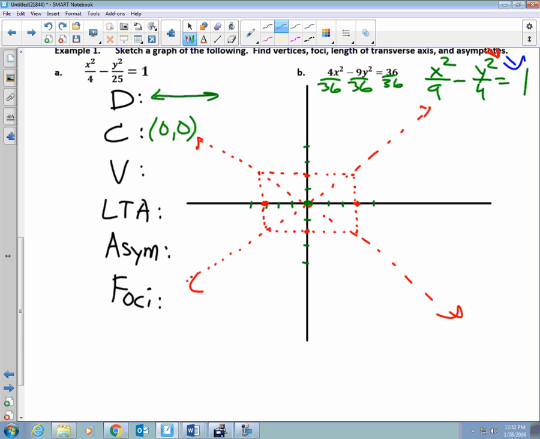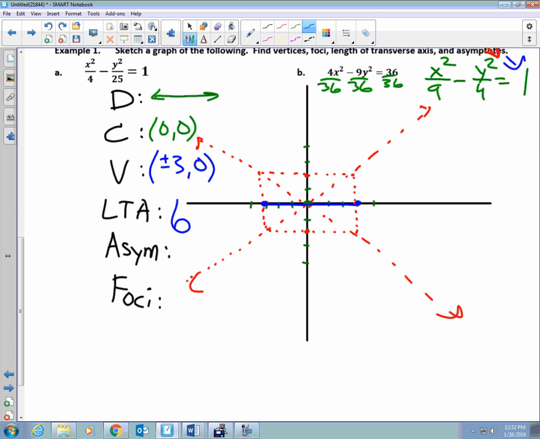And now I can plot my vertices. Well, the vertices go on the top and bottom or the left and right? The left and right because it opens up horizontally. So the location of those vertices are plus or minus 3, 0. Length of the transverse axis is the distance between the two vertices, which is 6.